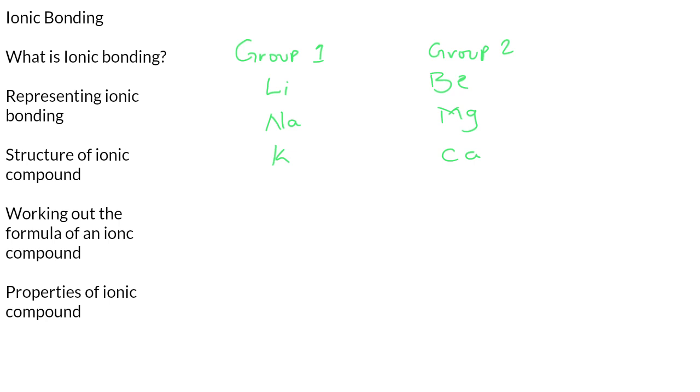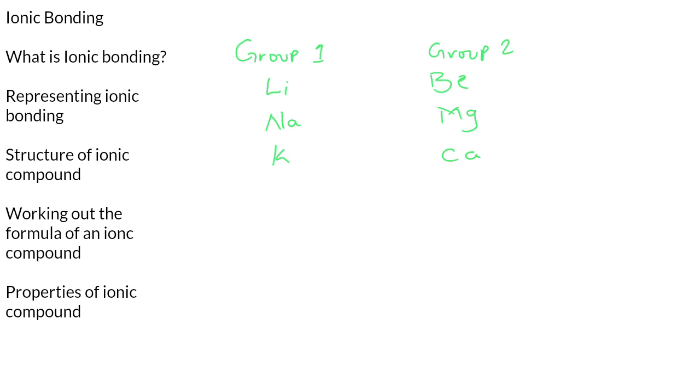Now, also in the last lesson, we said that group 1 elements or group 1 metals are able to lose 1 electron, and that's why we say they are in group 1, because they have 1 electron in their outermost shell. All of them, lithium has 1 electron in the outermost shell, sodium has 1 electron. That's the reason they are in the same group, and they are able to lose this 1 electron to form ions.